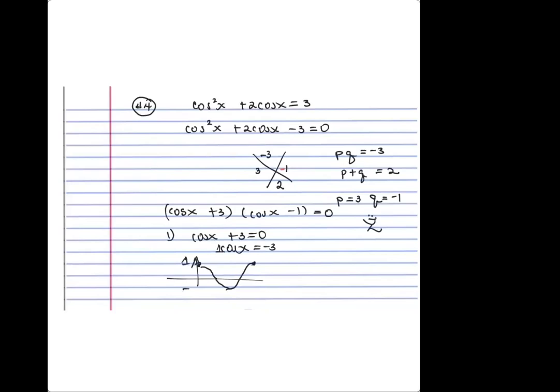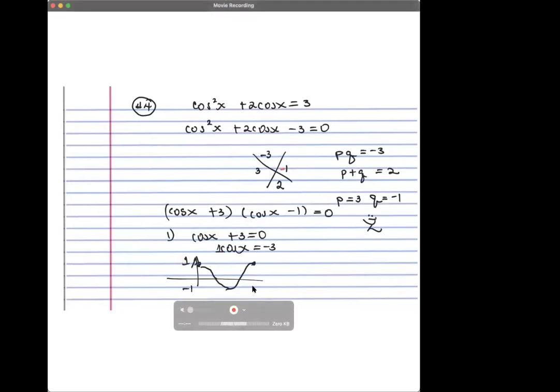It bottomed out at -1. So if that's the case, how on earth is it going to ever be -3? The values that it bounces between are -1 and 1. There's no x value that'll give you a -3. So therefore, this is impossible.